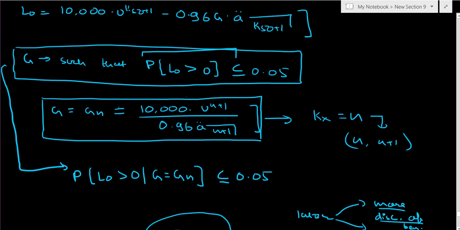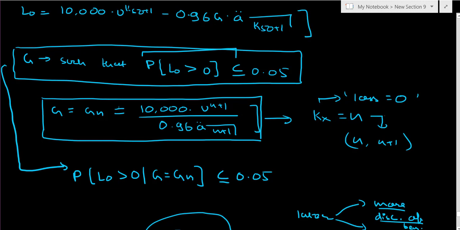Now we said that the value of Kx for which the premium is determined, let it be n. So for Kx equal to n, the loss would be equal to 0. If we determine the premium using this exact criterion, then the loss at this point would be 0.